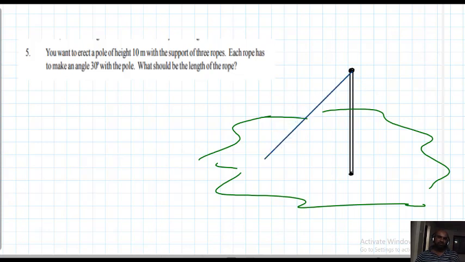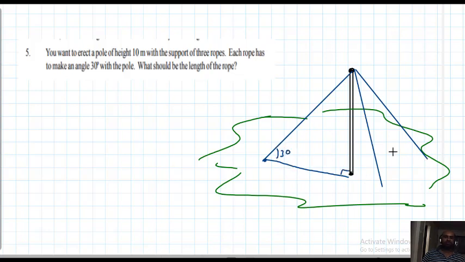This is one rope, this is another, this is another, looking 3-dimensional. We need to join, and here is 90 degrees, here 30 degrees. So no need to join the remaining. Let it be x, so 3x gives the total. A, B, C, D, E.